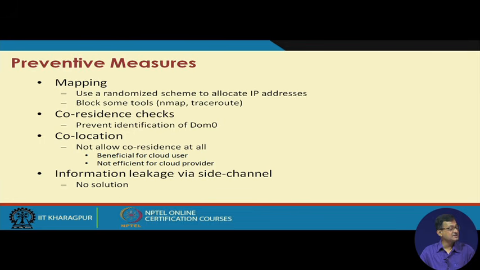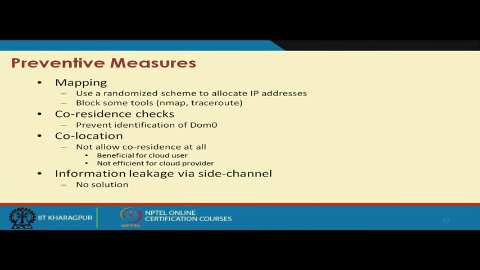Co-residence checks could prevent identification of Dom0, that may be one way, so that they cannot check what the domain 0 is. Co-location could be disallowed, not allowing co-residence at all, right. That is beneficial for the cloud user, but definitely not efficient for the cloud provider. Information leakage via side channels is still a big challenge.